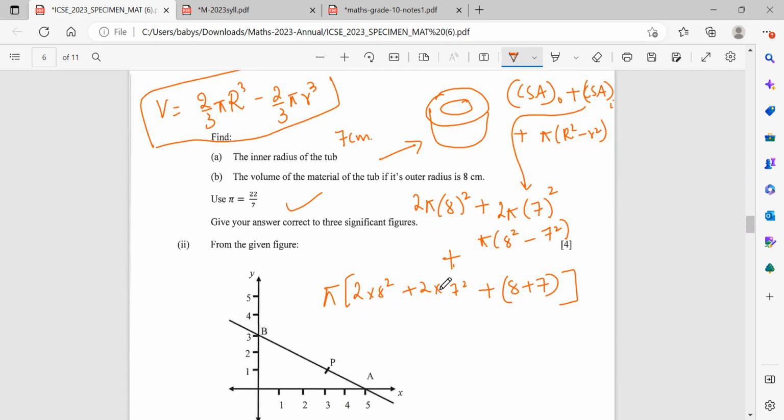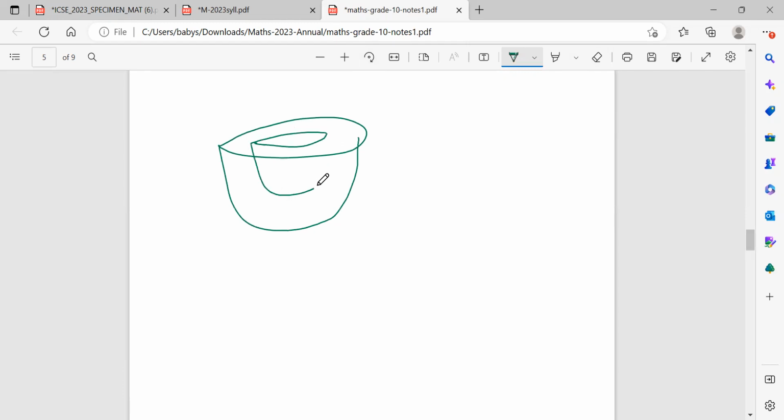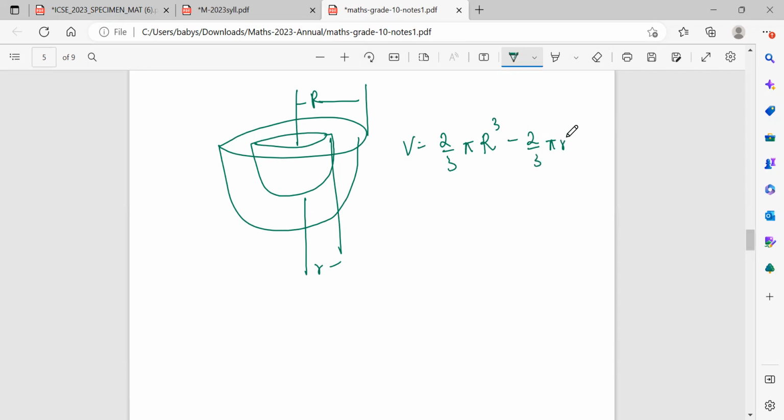Now remember, for this I've used R cube minus r cube, right? I'll just write it down here. When they ask you the volume of the material, you have the outer volume minus the inner volume. Outer radius is capital R, and inner radius will be small r. So volume is 2/3 pi R cube minus 2/3 pi small r cube.